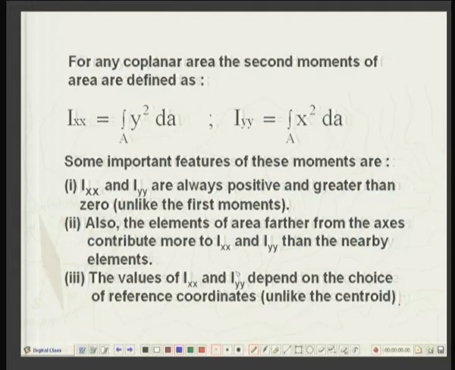When you plot those values of xc and yc for different choices of coordinate frames, the location of the centroid will be invariant, it will be the same location, but here the values will be different for different choices of reference coordinates. So, these three features have to be thoroughly understood and compared with those of the first moments.